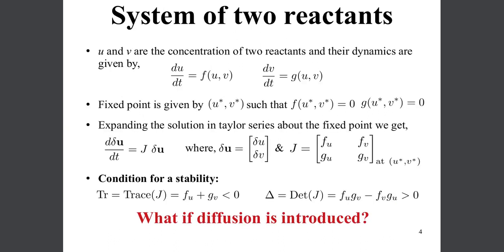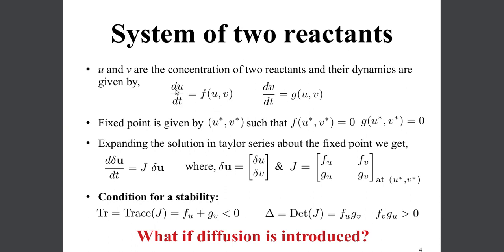Now just think about a system of two reactants. One is u and another is v. Their concentrations and dynamics are given by these two equations: du/dt is equal to some function f of u and v, and dv/dt is also some function g of u and v. We can discuss the form of f and g in detail, with explicit dependence on u and v, after doing the general treatment.